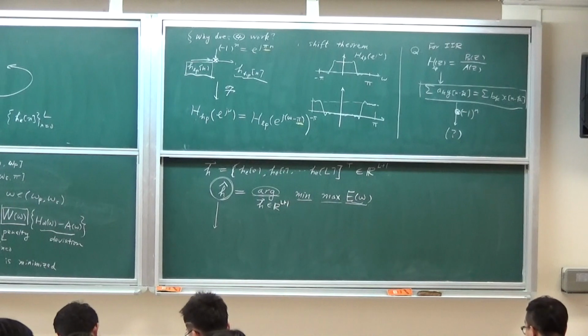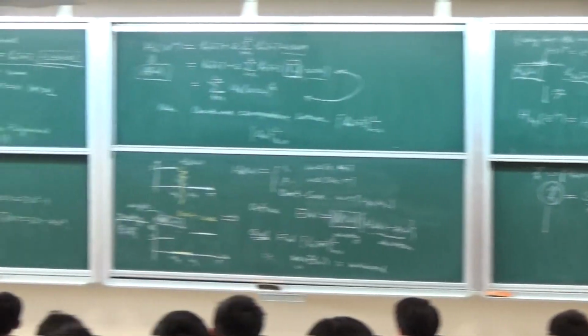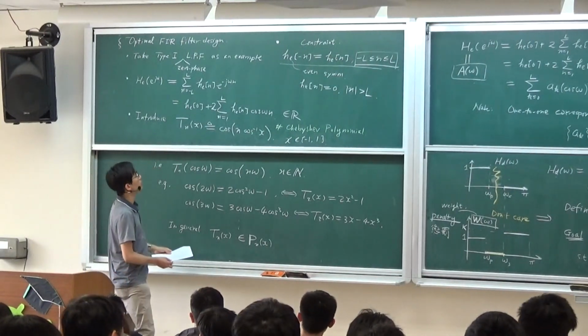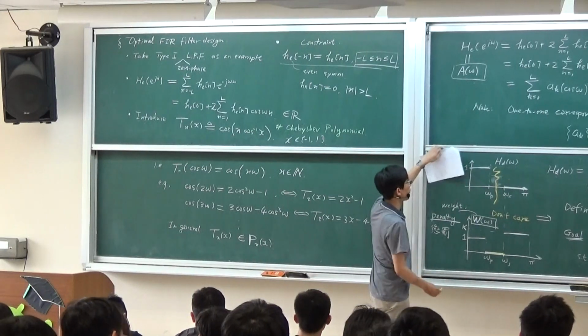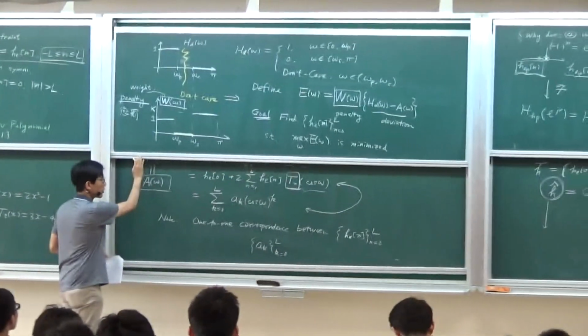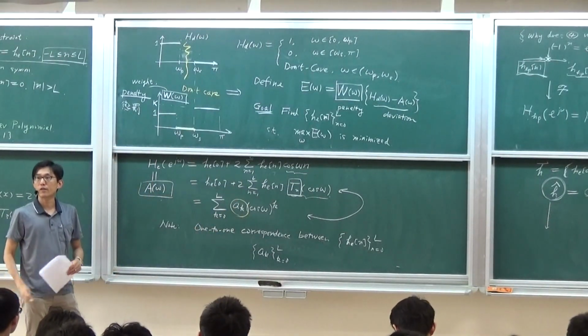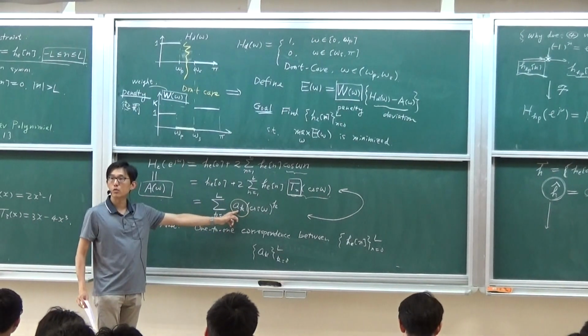We are not going to find the samples directly, but we are going to find the A coefficients. So on Thursday, you'll see that we find these first, and after we find the optimal coefficients, we translate them into H.